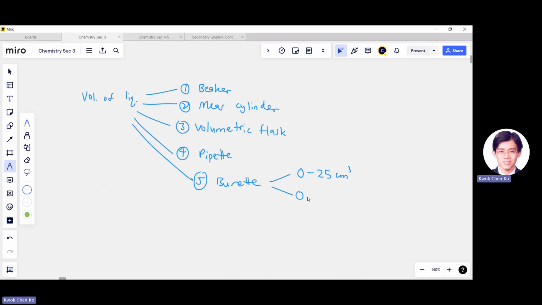The other kind, the larger one, is up to 50. So keep those numbers in mind. Now, can you remember the precision? How many decimal points? 2. Oh, your school mentioned 2. Fine.